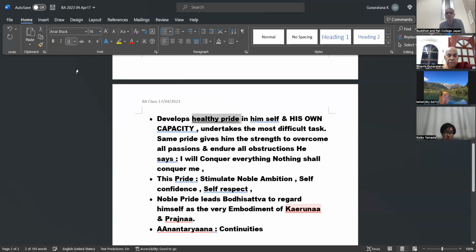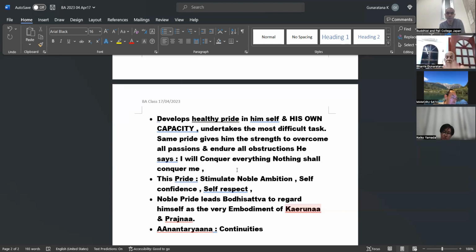Important word. You must look at it. Healthy pride. Please remember, Buddhism never asks us to be proud. But here, in Bodhisattva Bhumi, it's something very supportive.